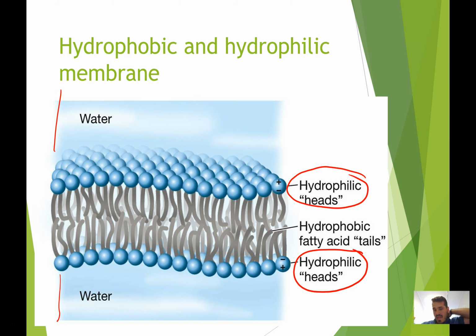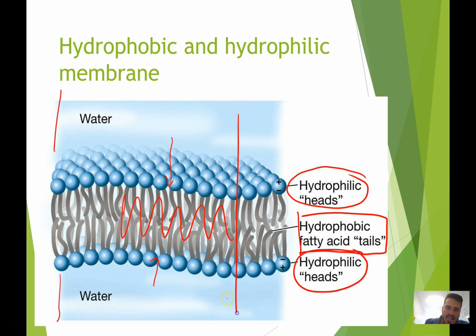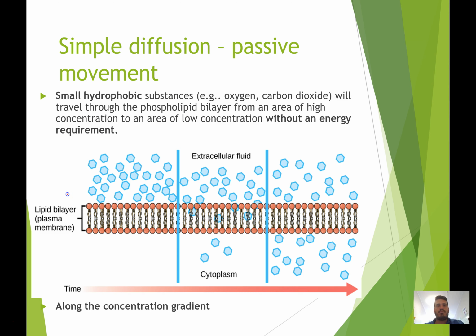And then on the inside, we've got these hydrophobic fatty acid tails, and they're trying to get away from that water. Water generally isn't constantly flowing through the membrane, so this is an area where we don't really have water. This is going to be extremely important in terms of what gets through the plasma membrane.